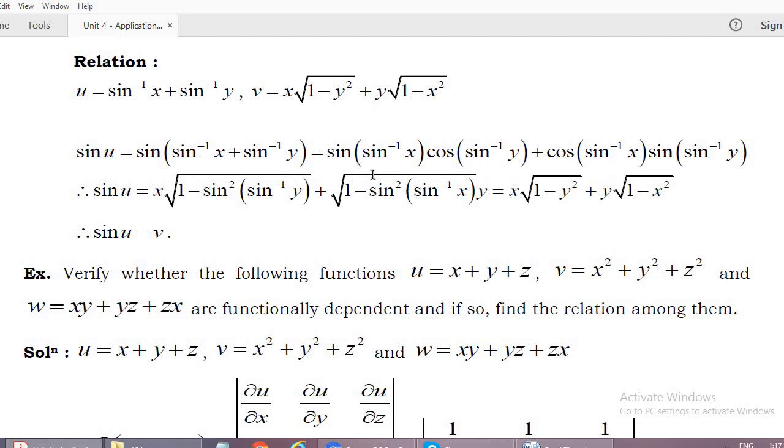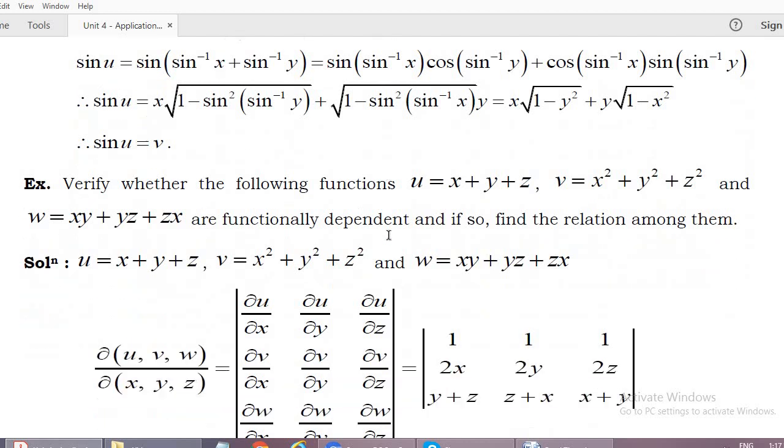Therefore, sin of u equal to x into, we know cos theta equals square root of 1 minus sin square theta, and plus again the same thing, square root of 1 minus sin square theta into sin of sin inverse of y, which is y. And this is x square root of 1 minus y square plus y square root of 1 minus x square. So the relation is sin u equal to v. Again, an easy problem.